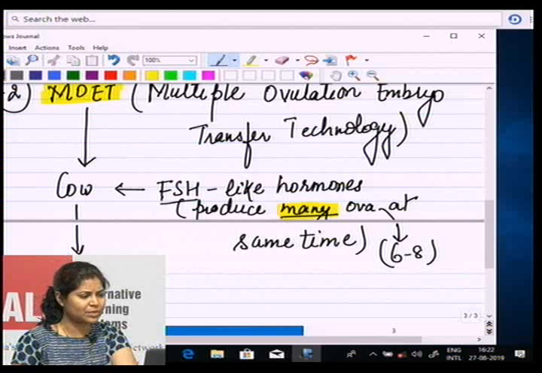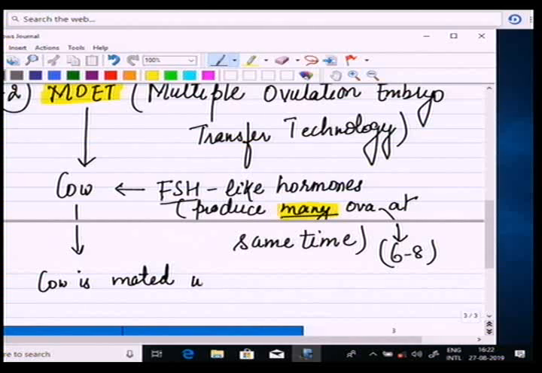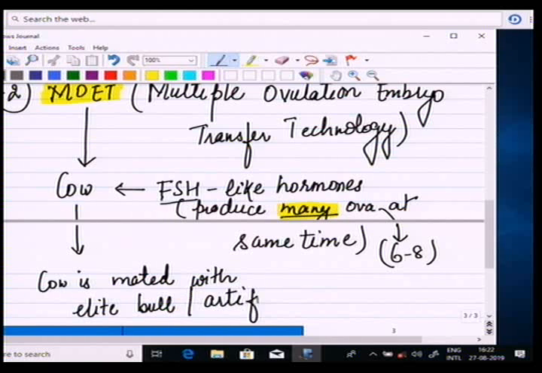Not much of an issue. Now this superovulated cow is mated with an elite bull. Elite means very good. Or it can be artificially inseminated. Just now we saw what artificial insemination was.